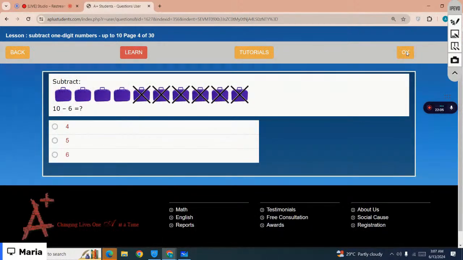Subtract 10 take away 6. So which is the correct option? 10 take away 6 is, yes, that is 4. You need to count the ones that are not crossed, right? So they are 4. So 10 take away 6 is 4.